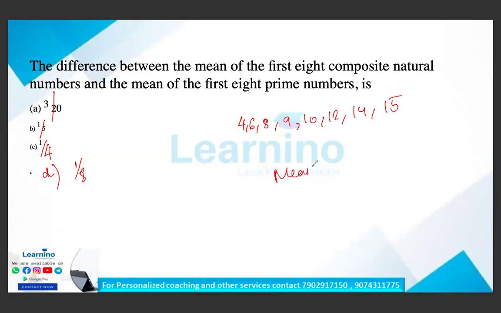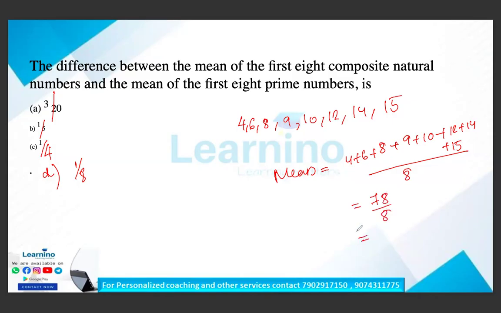Mean of these numbers is 4 plus 6 plus 8 plus 9 plus 10 plus 12 plus 14 plus 15 by 8. We will get 78 by 8.